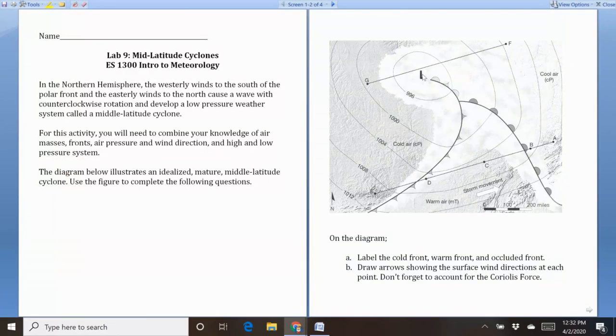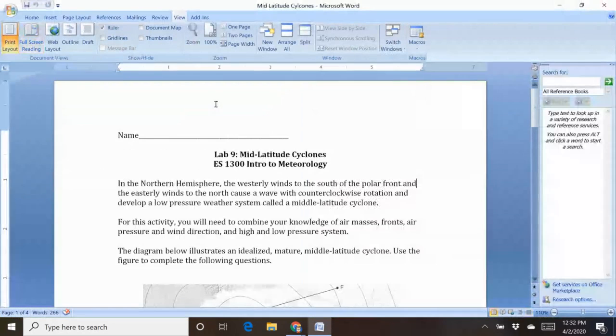And then in the lab, using the little arrow features in Word, you would draw little arrows as to where the wind barbs are, which I wanted to show you right now. So I have to close this.